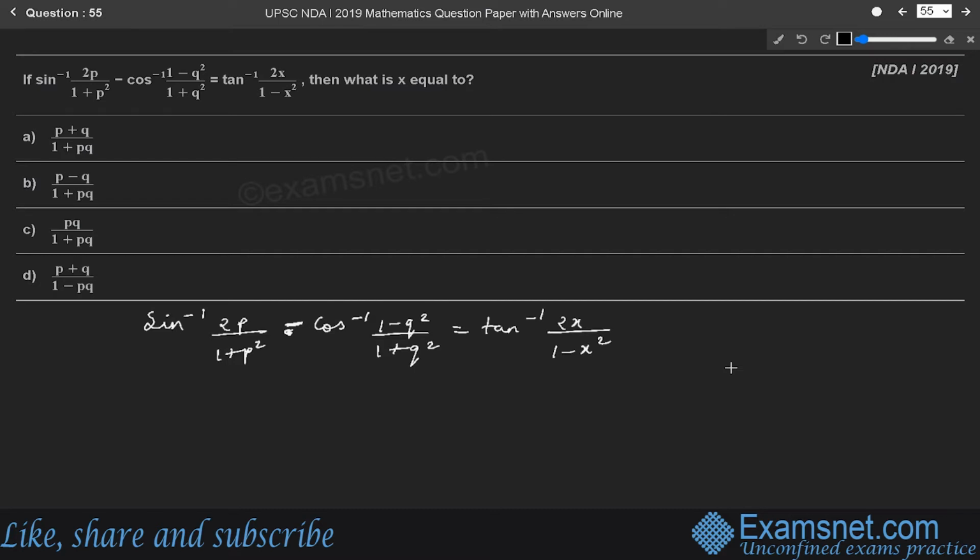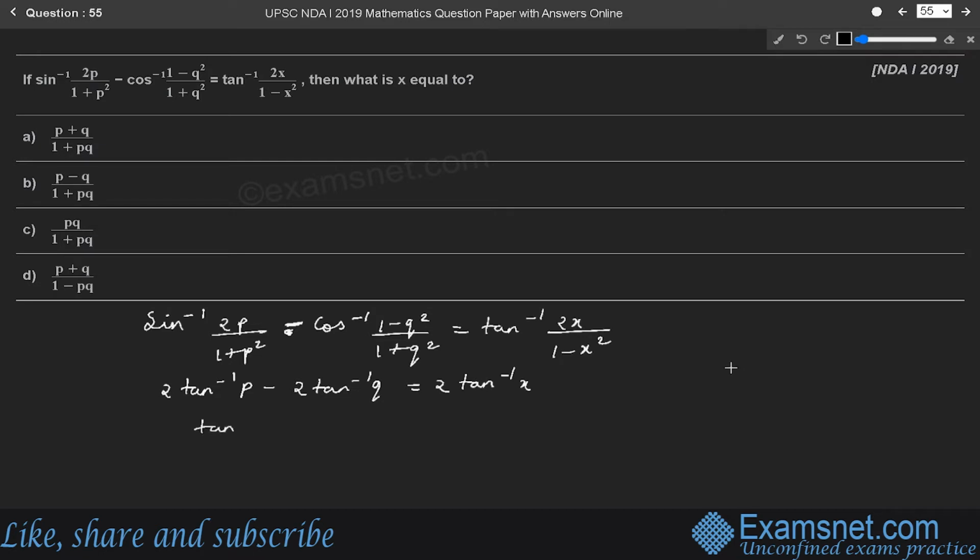The expression is given and we have to find the value for x. So this expression can be further written as 2 tan inverse p minus 2 tan inverse q is equal to 2 tan inverse x.